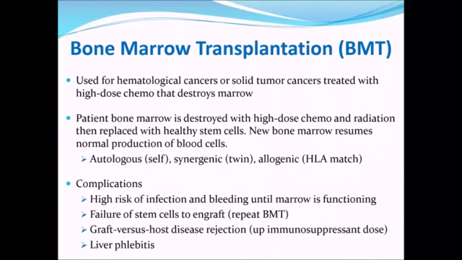There's different types of bone marrow transplants. Autologous is somebody that donates their own bone marrow before they undergo treatment, and then they're reinfused with their own. Syngeneic would be bone marrow from an identical twin. The majority of us do not have an identical twin, so that kind of leaves us out.